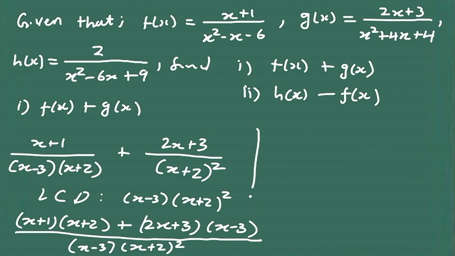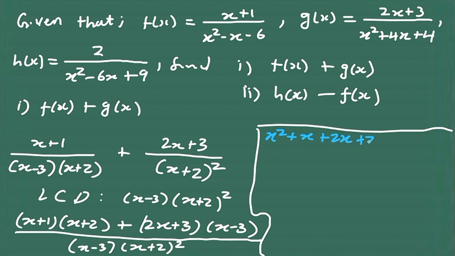Okay, so let's expand this numerator. When we expand it, x times x is giving us x squared, and this will be plus x, plus 2x plus 2.